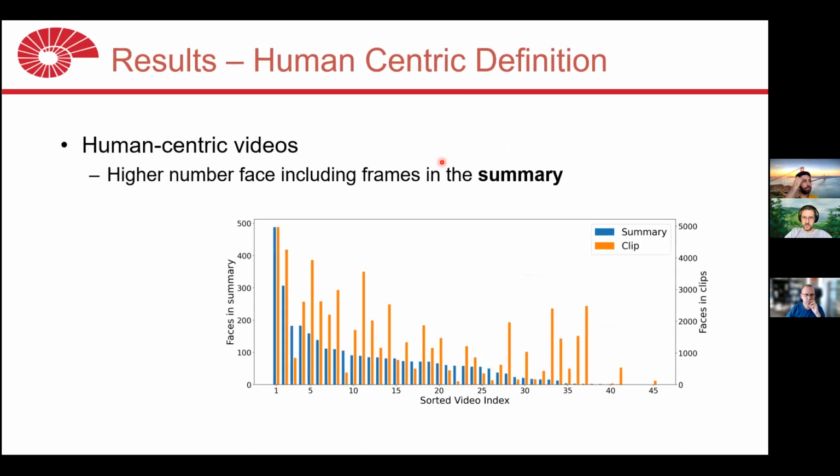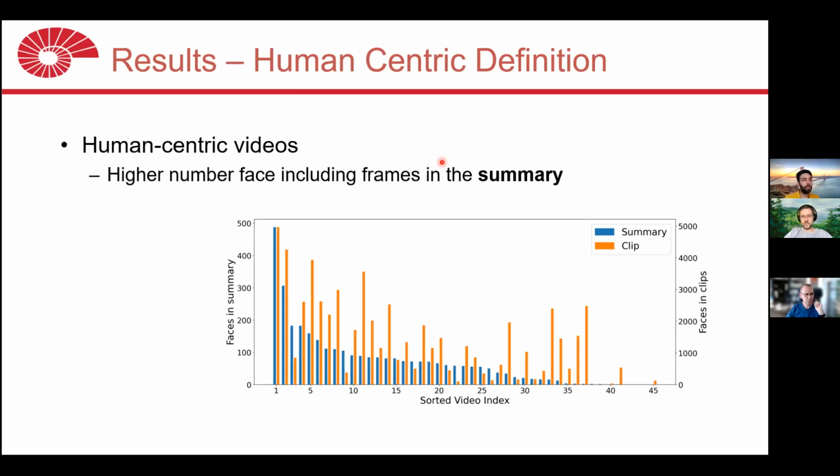So let's move on to the human-centric definition. I need to mention that we have conducted the experiments for continuous emotion recognition on an affective dataset, which is called Recola. But none of the video summarization datasets include affective annotations, as would be expected.